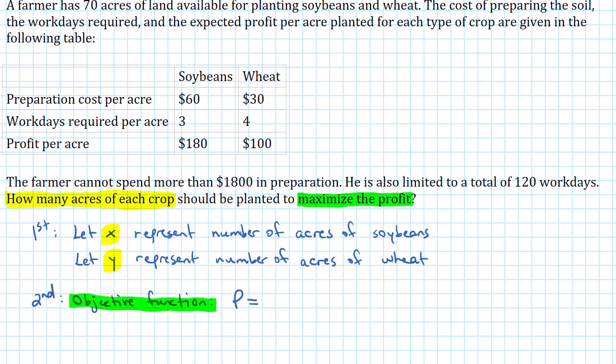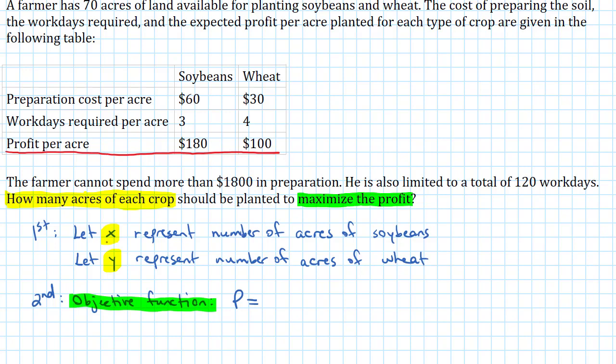Well, luckily for us, in this table it tells us right here how much profit we will make for each acre of soybeans and each acre of wheat. Okay? So when we look at this, the profit will be based on X acres of soybeans and Y acres of wheat.